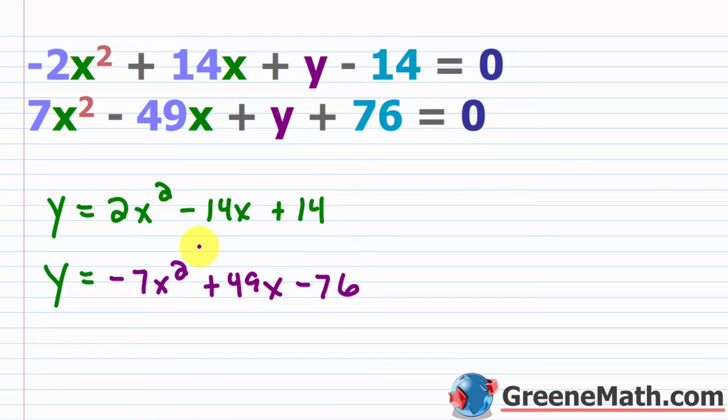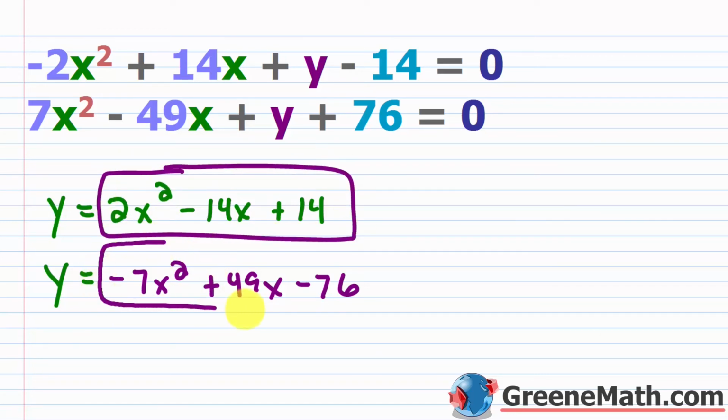So once you've written it in this format, remember, if I'm solving a system, I want to find the points of intersection. So where are these guys going to be equal or the same? Well, where they're going to be equal, the y values would be the same. So if this guy represents y and this guy represents y, well, I can set those two equal to each other and solve for the x value that makes that happen.